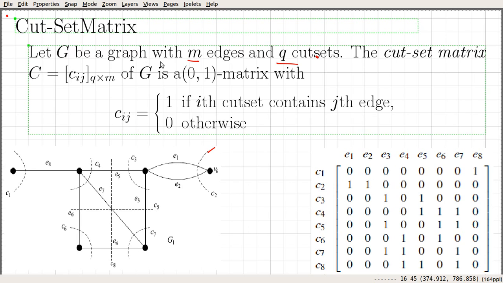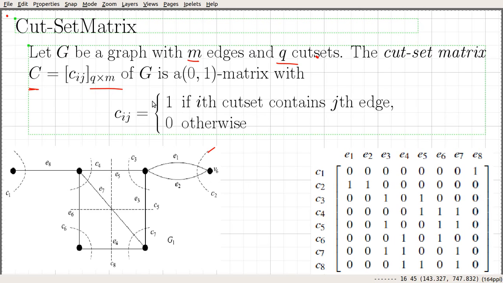The cut set matrix, denoted by C, is going to be a q by m matrix, where q is the number of cut sets and m is the number of edges of G. It is going to be a 0, 1 matrix, and the entries are defined as follows: Cij equals 1 if the ith cut set contains the jth edge, and equals 0 otherwise.